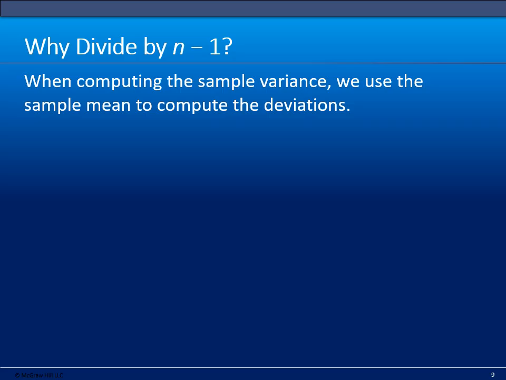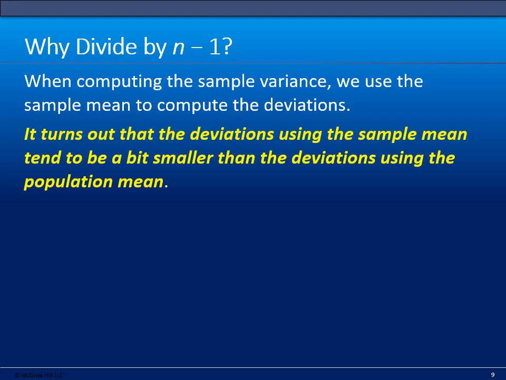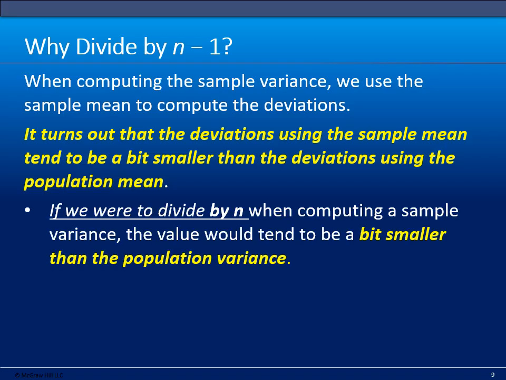So remember that when we take a sample, we're taking a small subset. And so we have no guarantee that the results from the sample are going to be comparable to the results if it were possible and if we did do a data study on the entire population. And so it turns out that the deviations using the sample mean tend to be a bit smaller than deviations using the population mean.